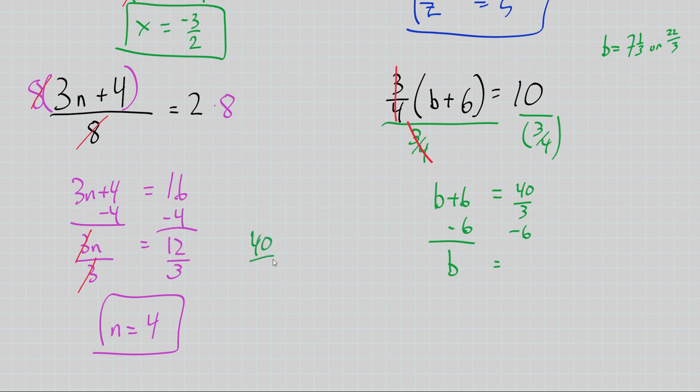So 40/3 minus 6/1, I change it to common denominator of 3. 40/3 minus 18/3. 40 minus 18 should be 22. So I get 22/3.